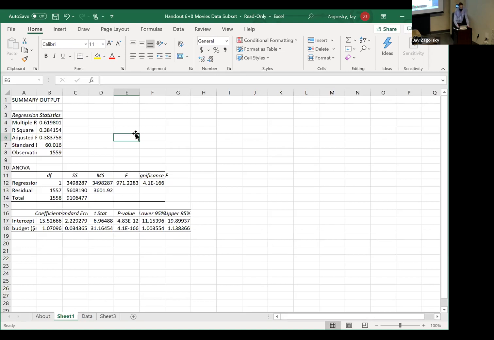All right. So we have some coefficients, and my coefficient was 15.5, and the budget is 1.07. And I'm going to send you off into breakout rooms for just a couple of minutes. And your job is to come up with a simple explanation for both. So I could write something here, and we can write something there.